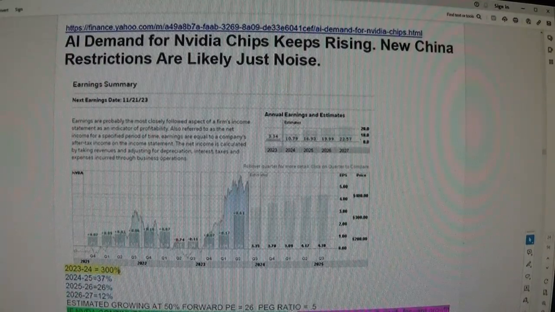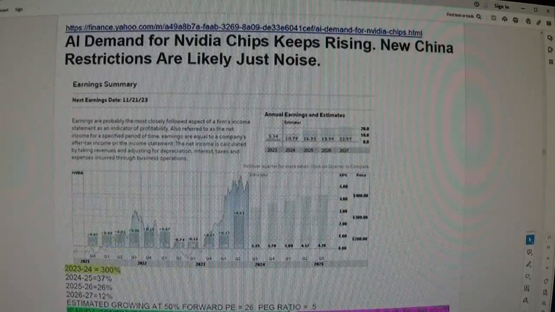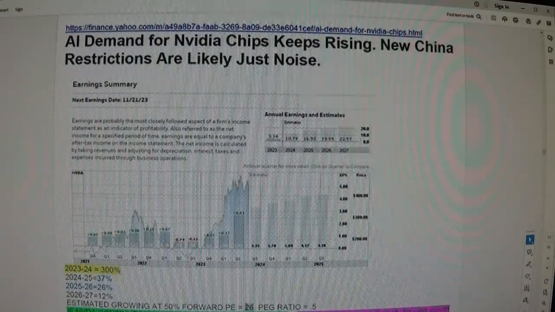If it was growing 300% every year over year, then the PEG ratio would be 0.08. But it looks like their average PE ratio is around 26.